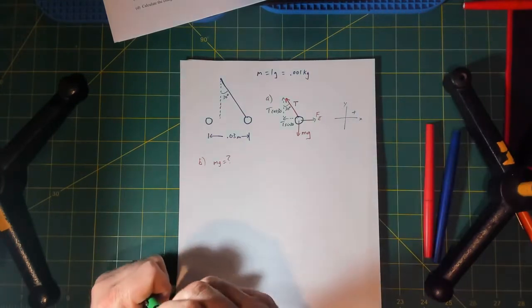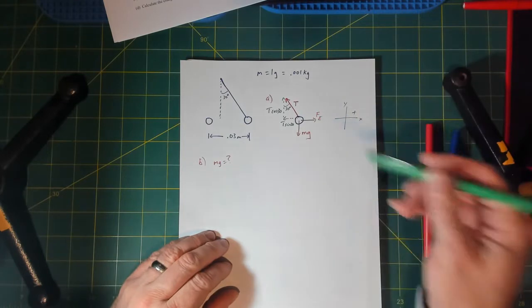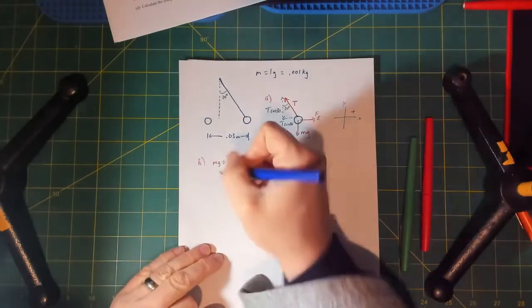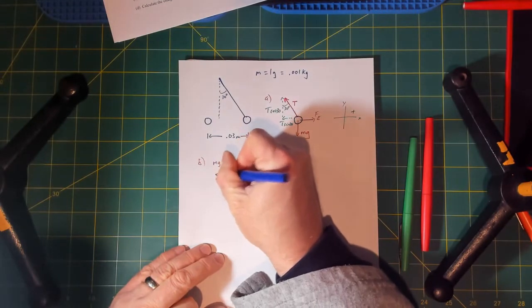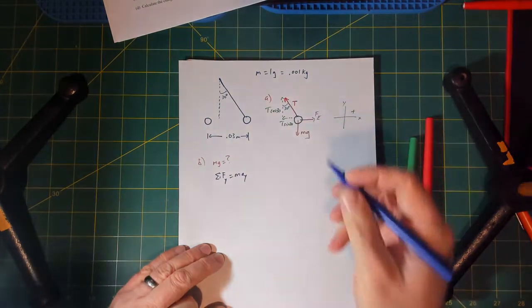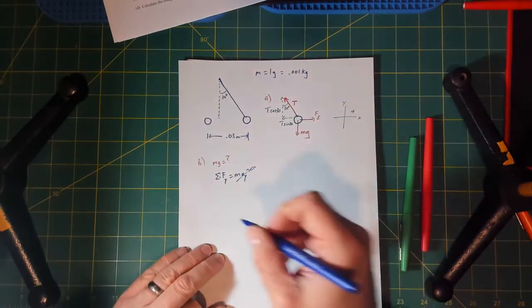All right. I'm trying to find mg. That's a force in the vertical axis. Let's do a sum of the forces in the vertical axis. The sum of the forces in the y-axis is mass times acceleration in the y-axis. But we know we're in equilibrium, so that acceleration is 0. My forces balance out. They add to 0.